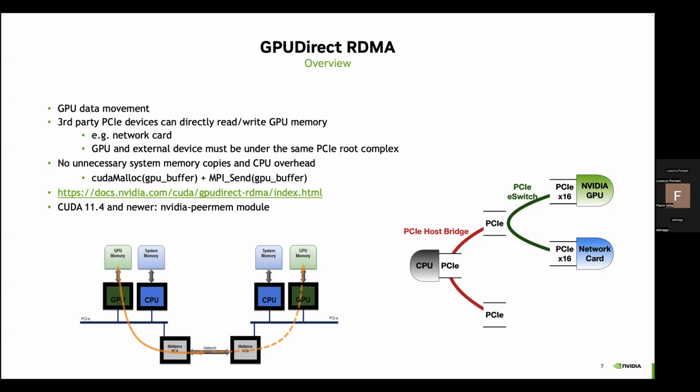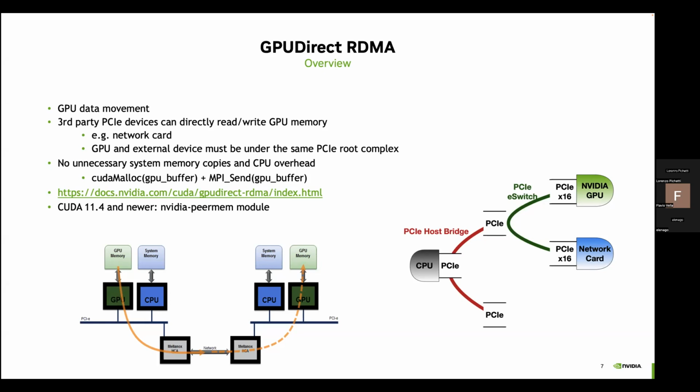So what is GPU Direct? GPU Direct is a family of technologies that allows you to put in communication the GPU with someone else in the system. Specifically, GPU Direct RDMA is about allowing the network card to directly access the memory of the GPU.